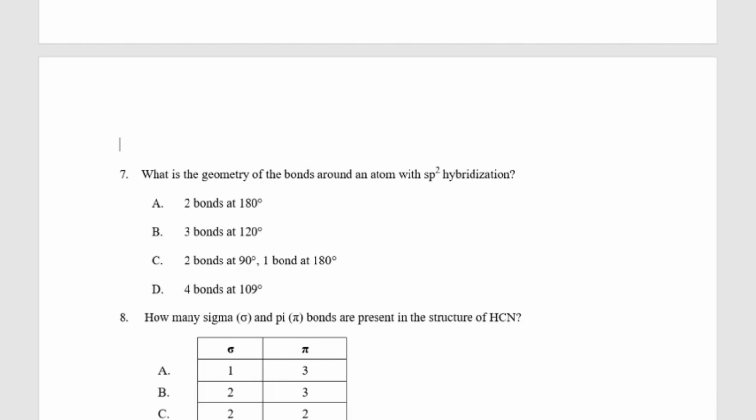So let's say the atom is X. It will be bonded to A. And if we count the electron domains, we have 1, 2, 3. And 3 minus 1, that gives us 2, which makes it sp2 hybridized. So that means our answer is B. 3 bonds at 120 degrees.